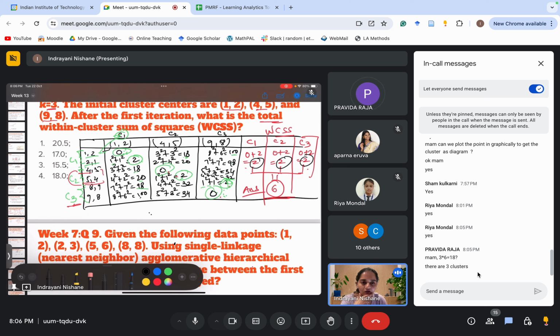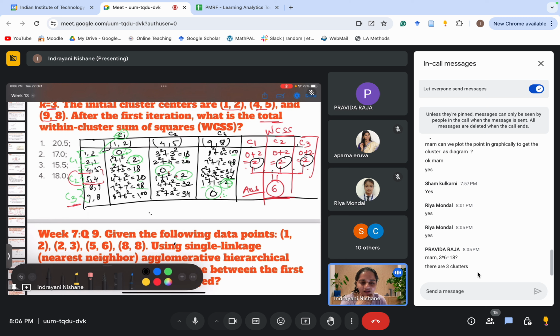So am I doing something wrong? Maybe I may be wrong, but this is how I do it. I thought that because there are 3 clusters, it will be 3 into. But haven't we computed for each individual cluster what the sum of squares is? Yes, we are done. So I think it's not 18, but it's 6.